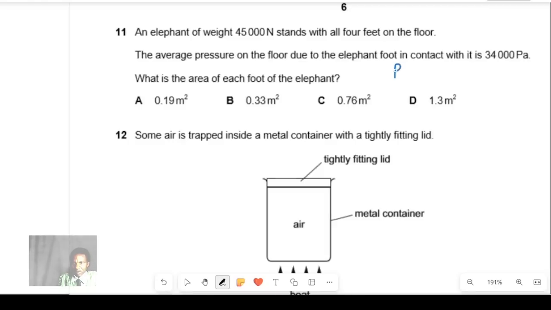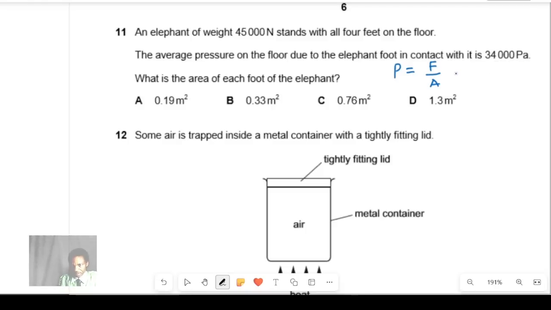If you want to calculate the pressure, pressure is equal to the force per unit area. The average pressure on the floor due to the elephant's foot in contact with it is 34,000 Pascal.